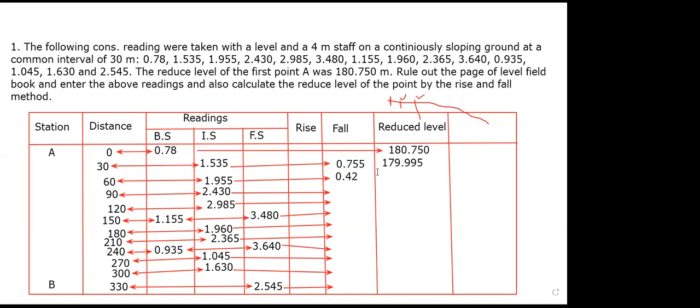So what is the reduced level value? 179.995 minus 0.42, that means 179.575. देखो for the collimation method में same आया था या नहीं? The reduced level for the distance 60. Collimation method and the rise and fall methods are same. The value of the collimation and rise and fall for the distance 60.